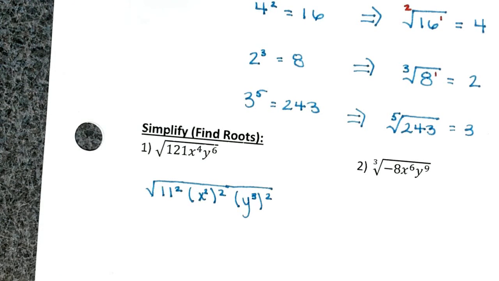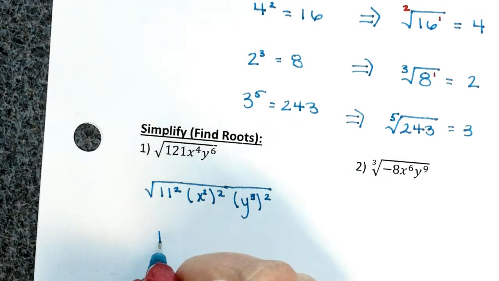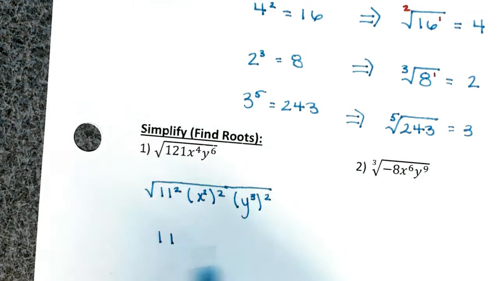They're undoing each other. So if you're square rooting 11 squared, you're left with 11. If you square root x squared squared, you're left with x squared. If you square root y to the 3rd squared, you're left with y to the 3rd. Do you see how that works?